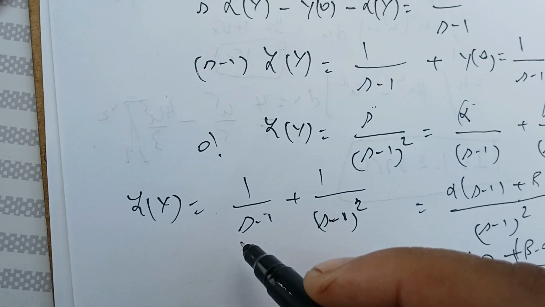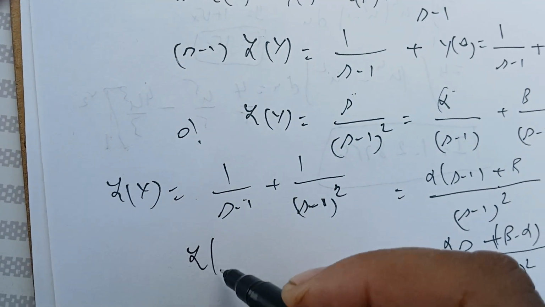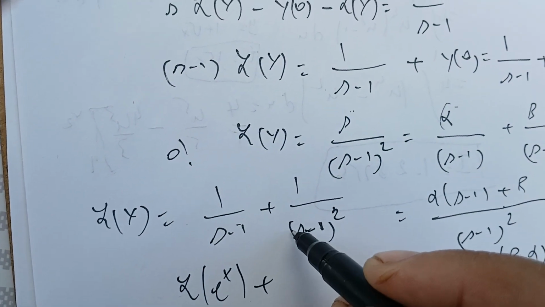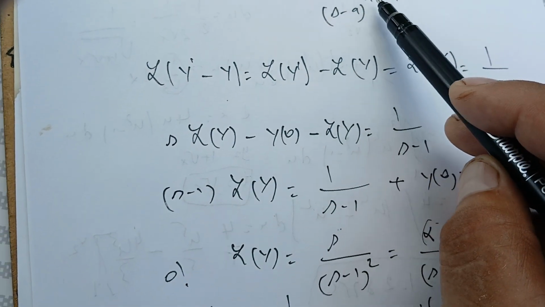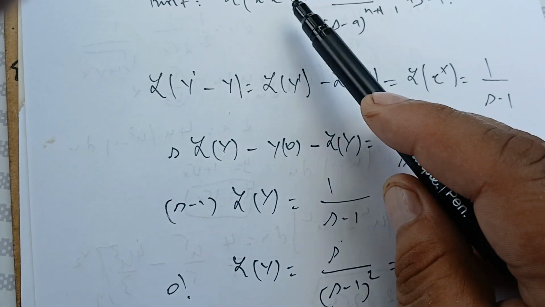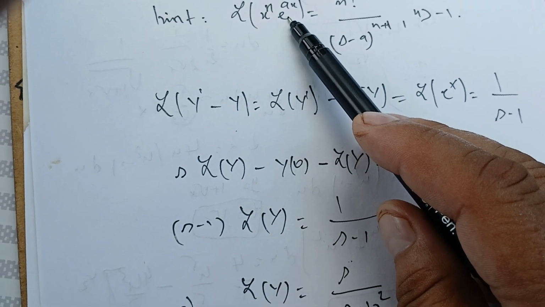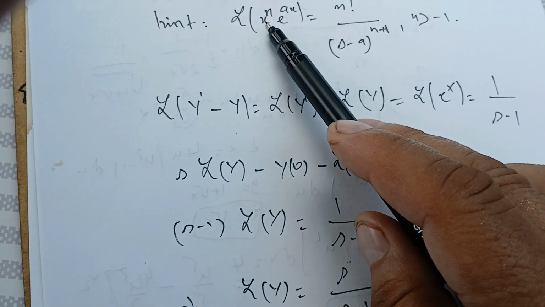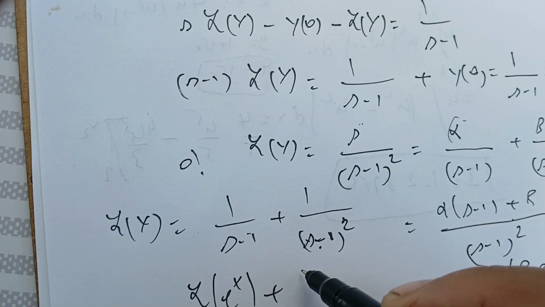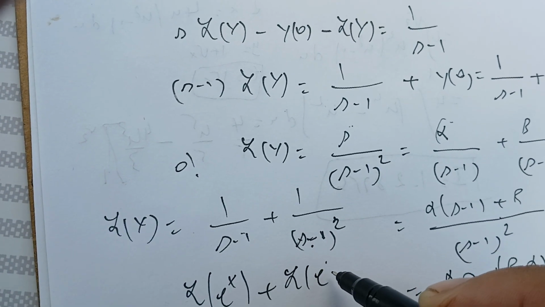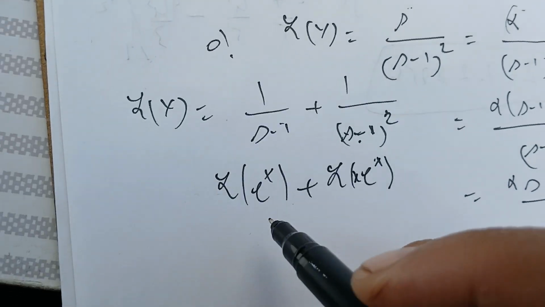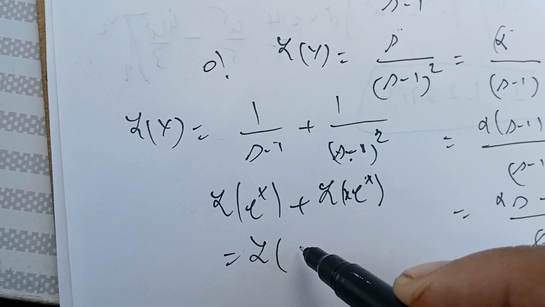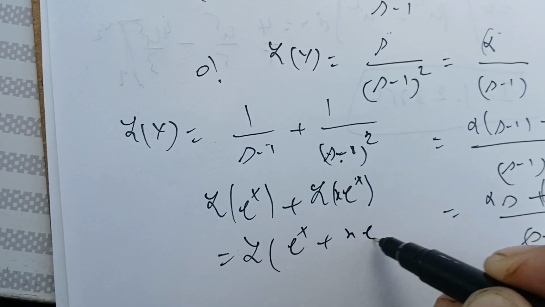Therefore, this is Laplace of e to x. And this one here, note that when we have n equals 1, that means we have x e to ax, and a is 1. This means that this is just L of x e^x. And using linearity, we get e to x plus x e to x.